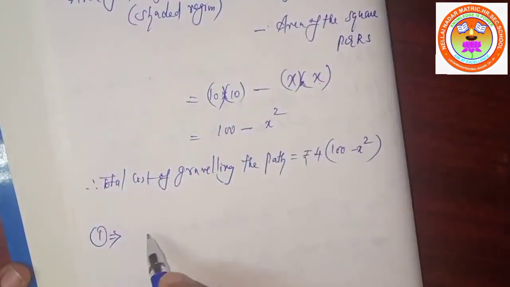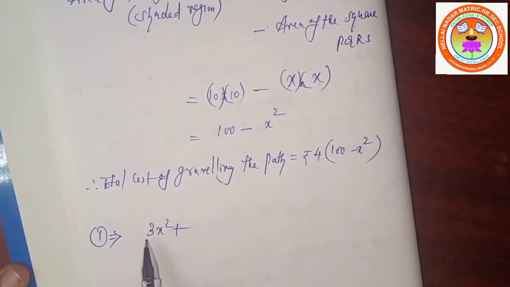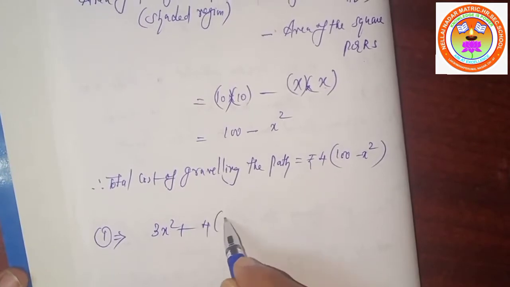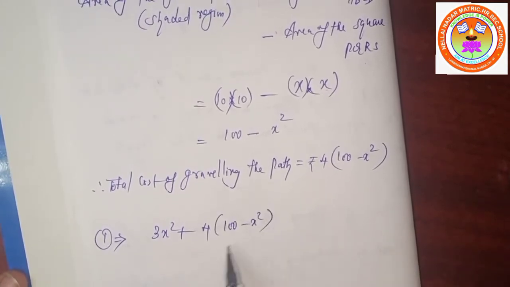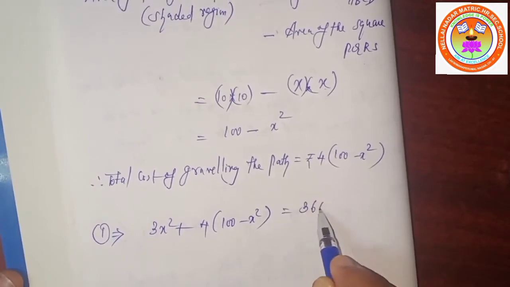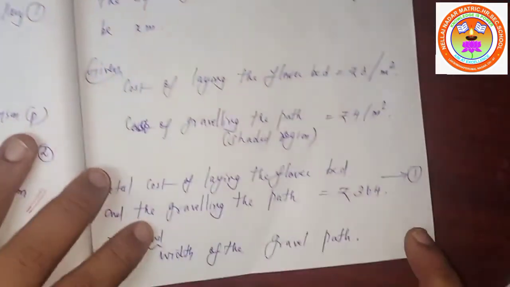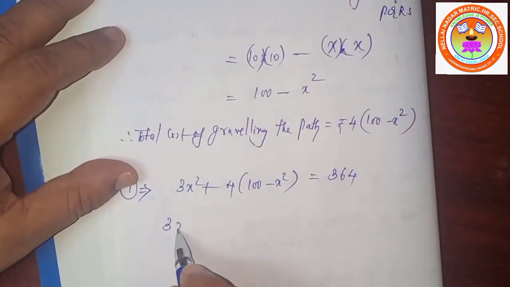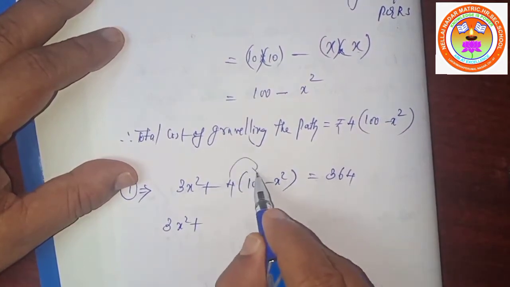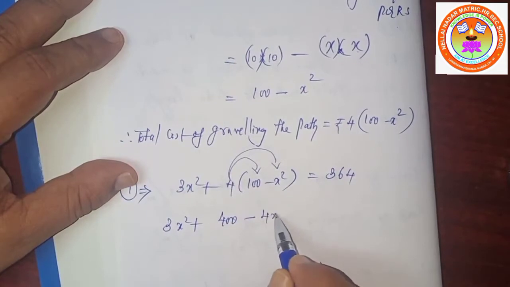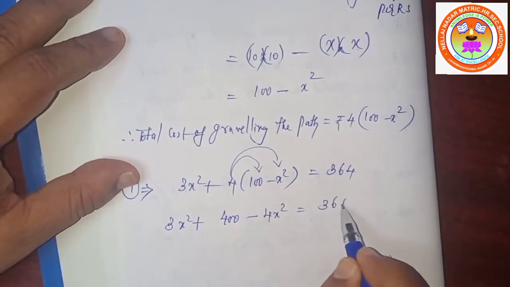So 3x squared, this is for laying the flower bed, and 4 into 100 minus x squared, this is for graveling the path. Together 364. We have to simplify now. Listen. 3x squared plus 4 into 100, 400 minus 4 into x squared, 4x squared, that is equal to 364.